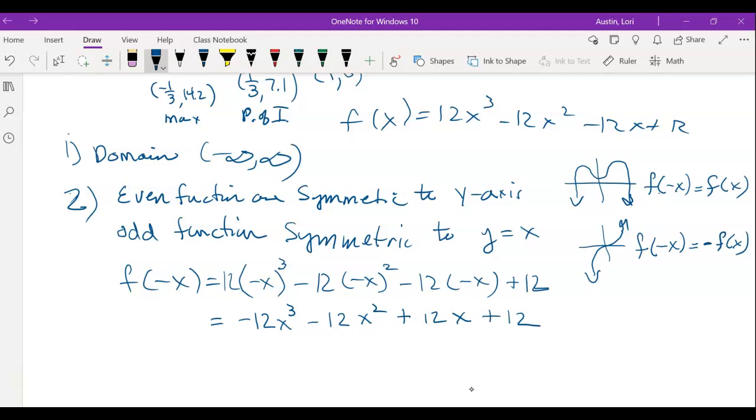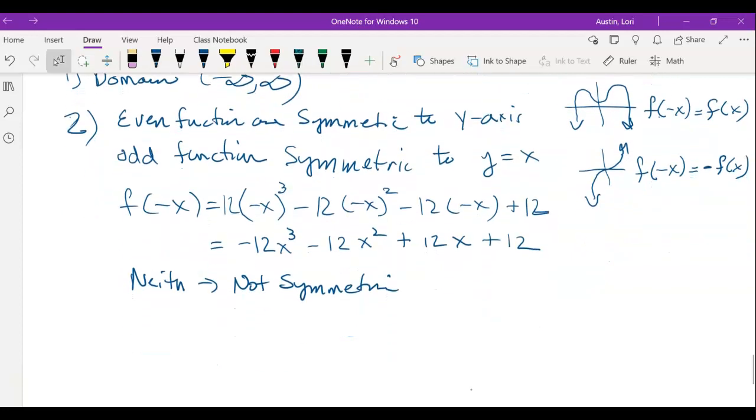Is every sign opposite? Nope. So this was a good example to show you, though. This is neither. So it is not symmetric. That's what we mean by exploit symmetry. If a function only has x to the even values in it and no constant, that's an even function. It's going to be a mirror image across the y-axis.